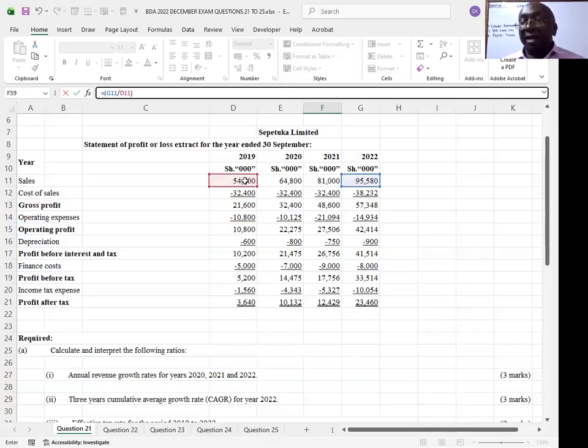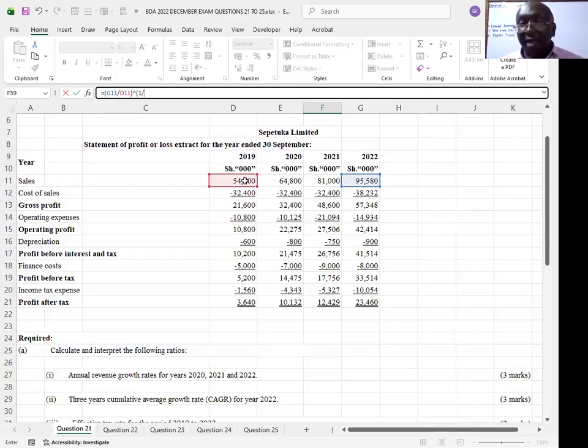When you close the brackets, you press shift and number 6, you raise to power. Open the brackets again. You press 1.